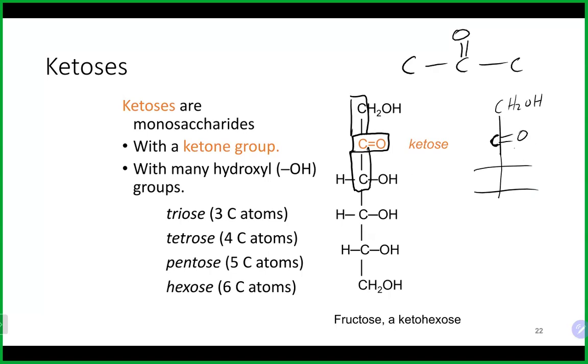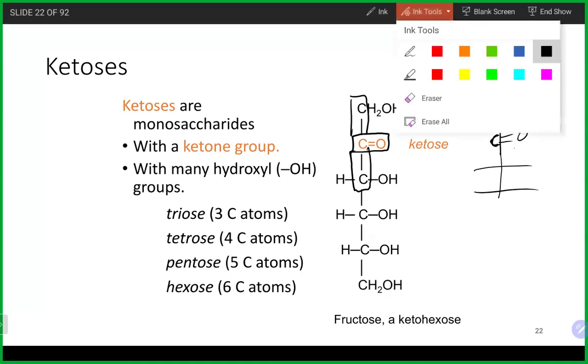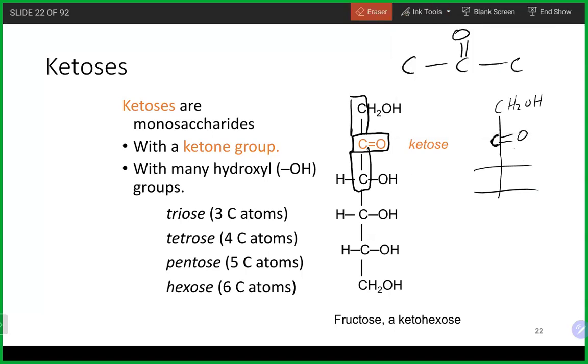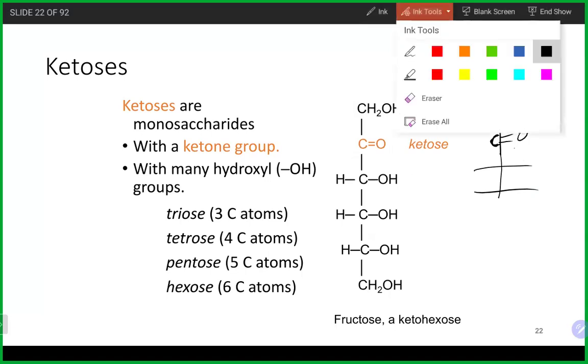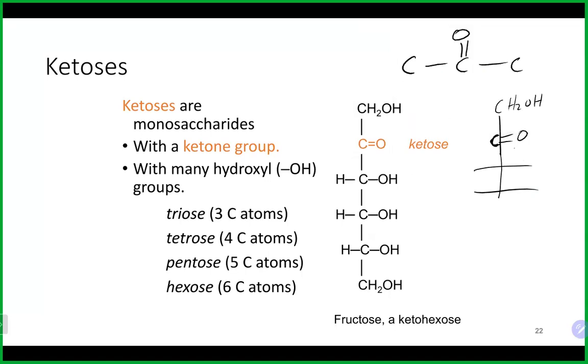We can also identify by the number of carbons as a triose, tetrose, or pentose. In this particular case, it is a ketohexose. Keto meaning it has the ketone group, hexose meaning it has 6 carbons, including the one up here: 1, 2, 3, 4, 5, and 6 carbons.